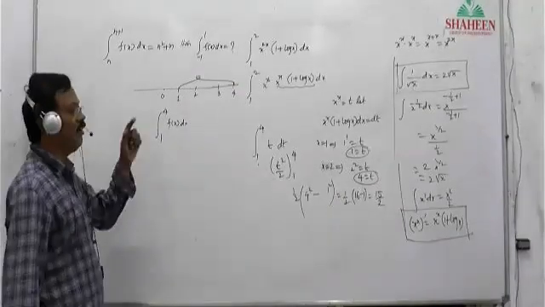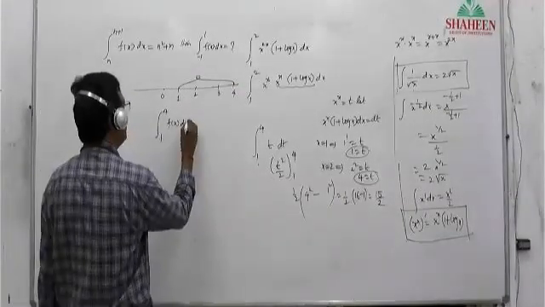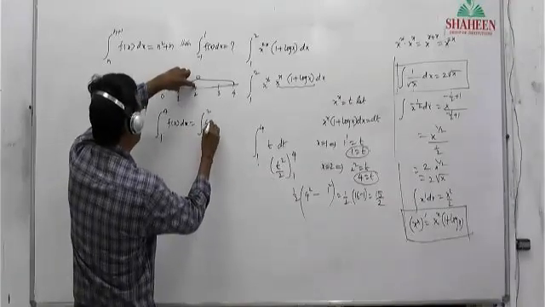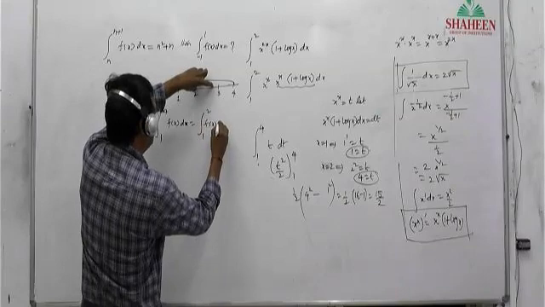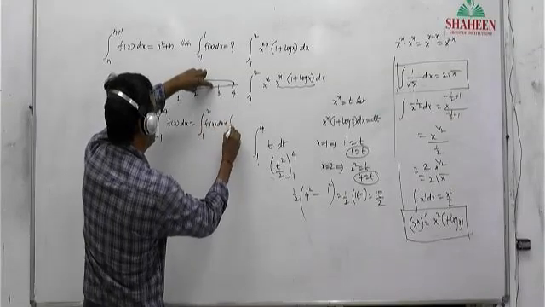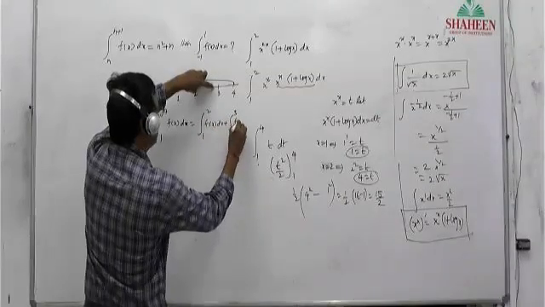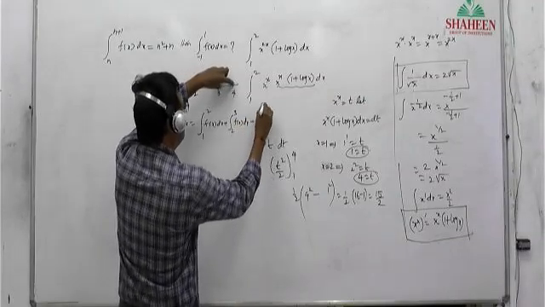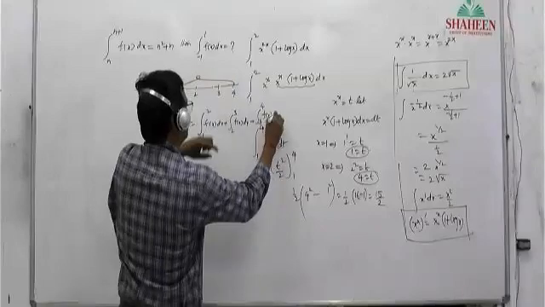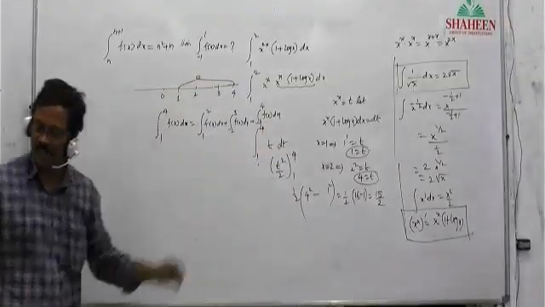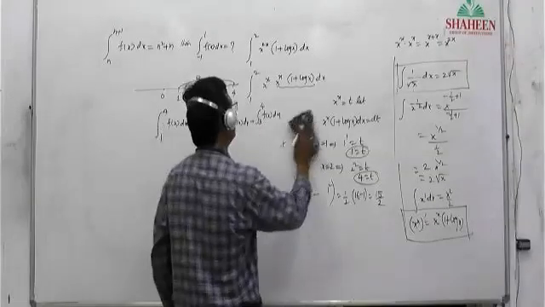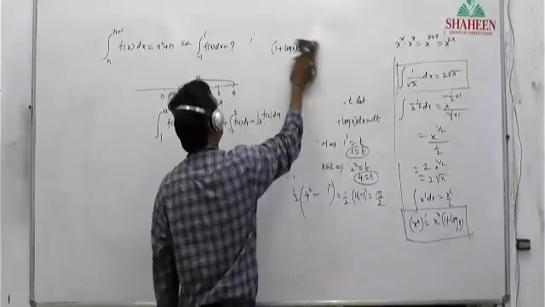This integral from 1 to 4, we can split like this. If you want, we can write the 1 to 2 integral, 2 to 3 integral, and 3 to 4 integral. We can split the integral like this. This is one property.